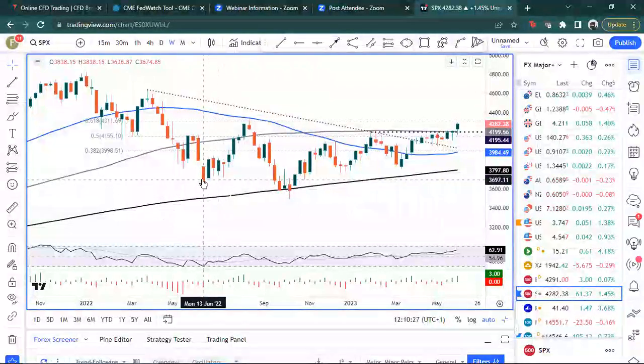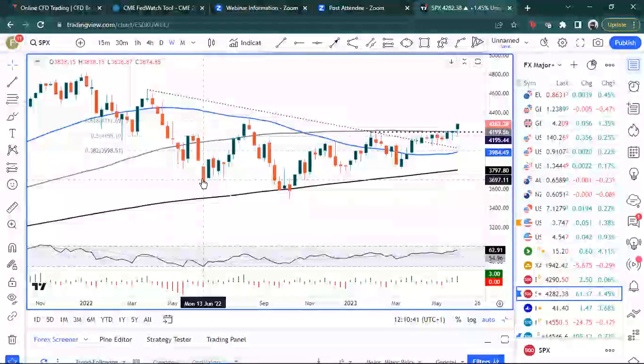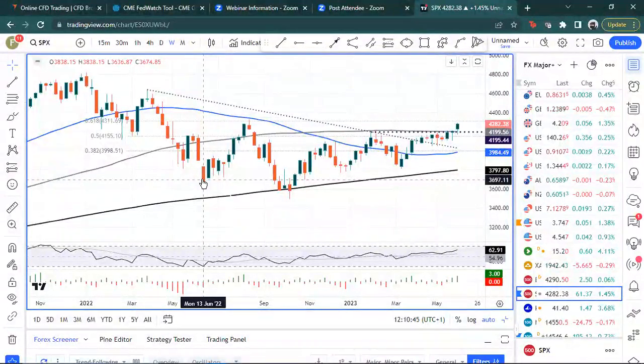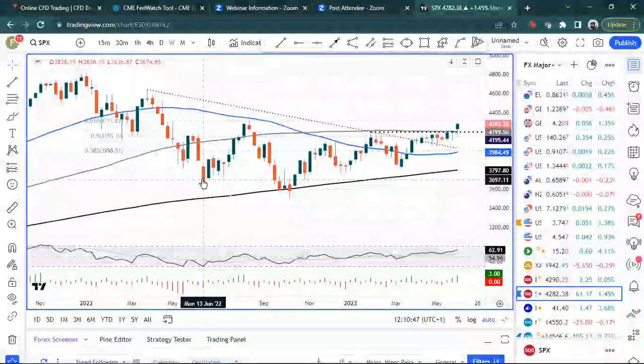And just before we get to the technicals, actually, also like to point out the VIX. So that's a measure of stock market volatility for the S&P 500 over the next 30 days, often referred to as Wall Street's fear gauge. That fell to, well, 14.6, so its lowest close since February 2020.